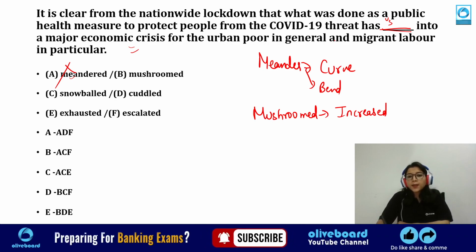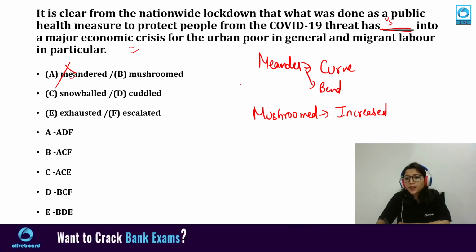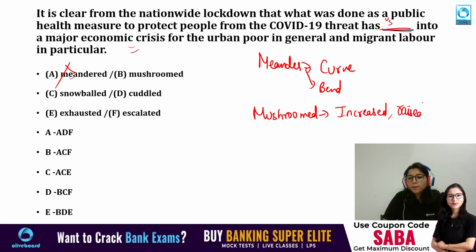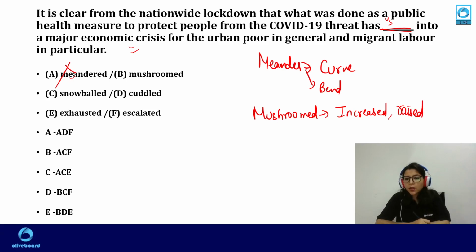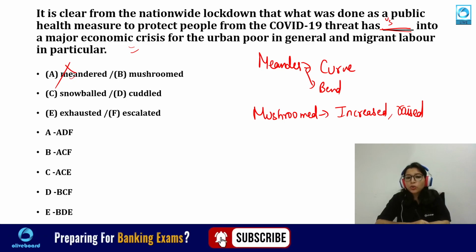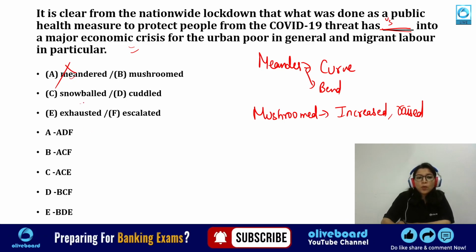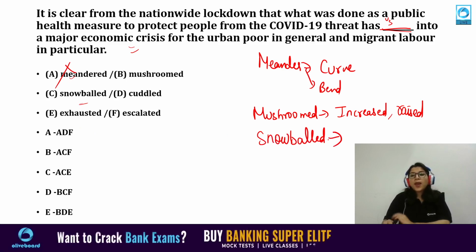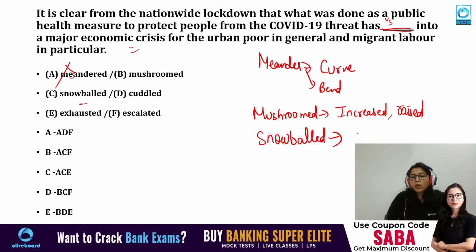So can we say that the nationwide lockdown has increased into a major economic crisis? It has increased. It has raised. Can we say? Of course we can say. So mushroom means increased, raised. Snowballed also means the same thing. Snowballed also means to increase something further, to aggravate it. Okay, so it also means raised, develop.